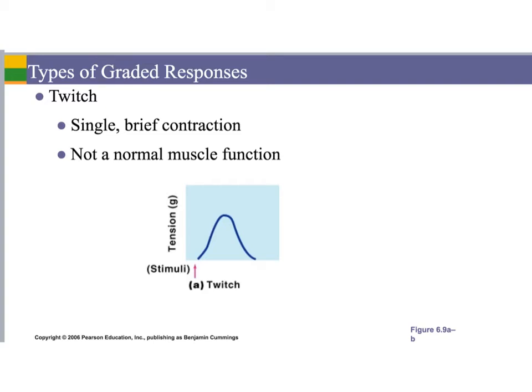Your nerve is being irritated by something. So that's a twitch, something you can't control. This type of muscle twitch is something you can control. So this is just a single brief contraction, and this is not representative of a normal muscle function.